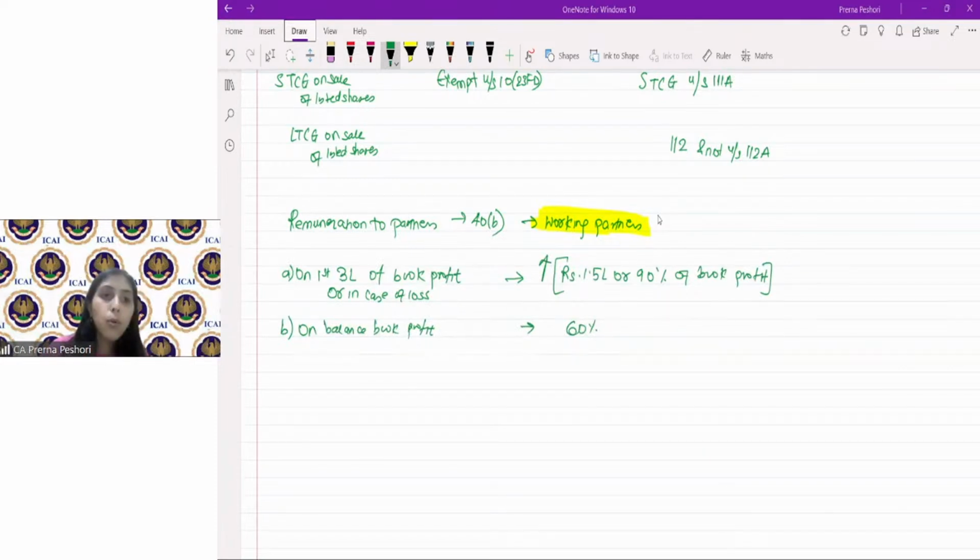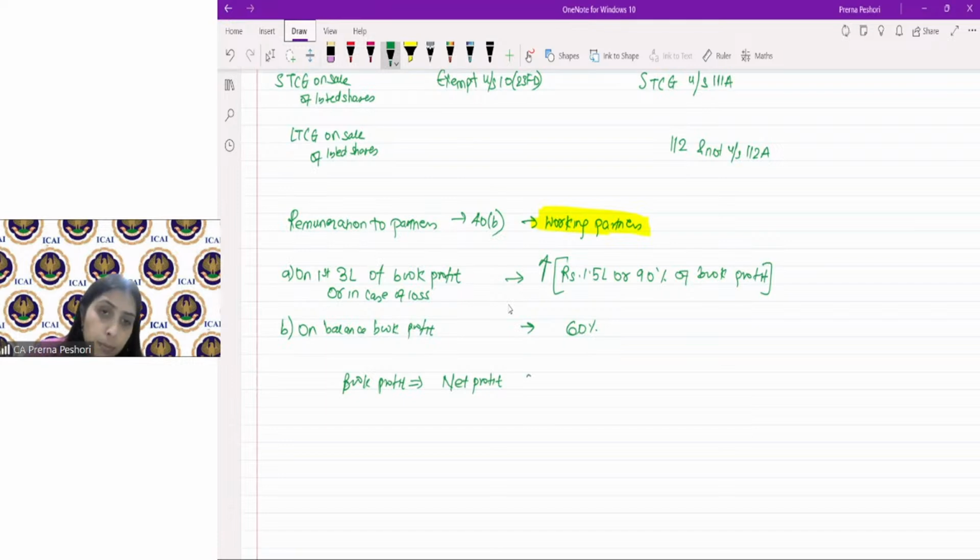And what do we mean by the term book profit? Book profit means your net profit. Book profit means the net profit which is computed in the manner laid down in this particular chapter, as per PGBP.